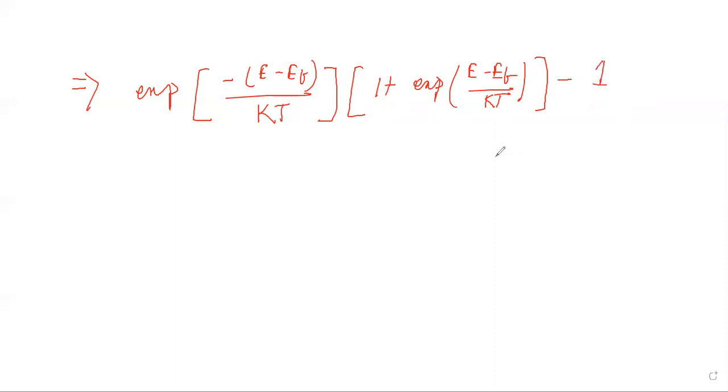That's why we multiplied, and the right-hand side will be only 0.05.